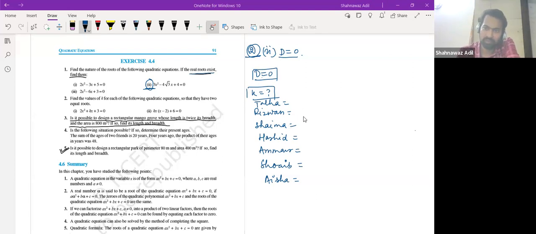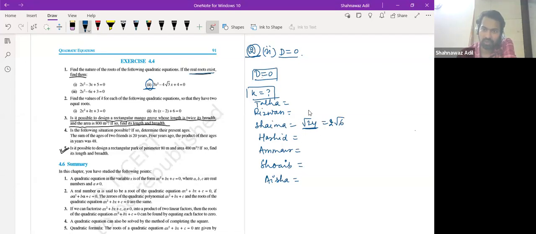Okay, is it root 24? Yeah, you are getting root 24, Shaima. Yes, sir, same. Root 24 is how much? So 2 root 6. Yeah, 2 root 6.